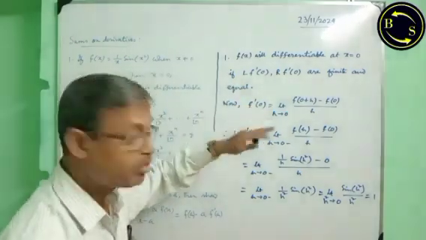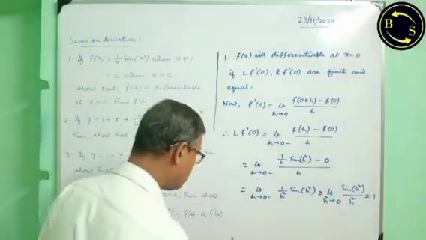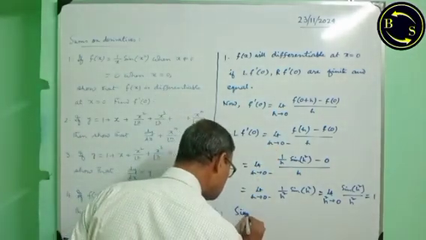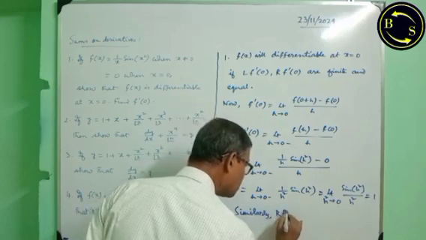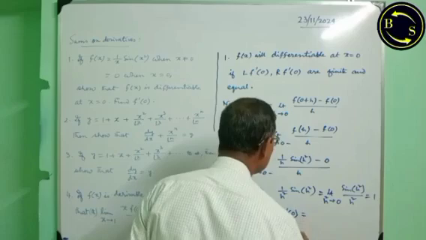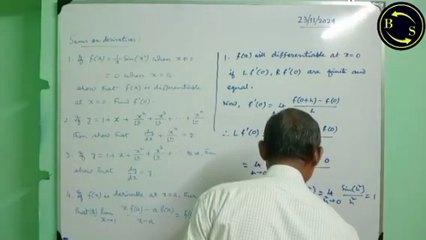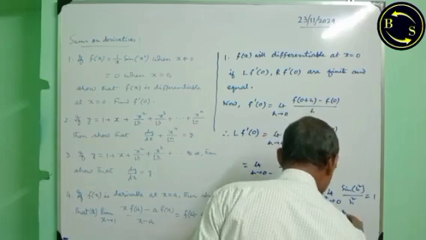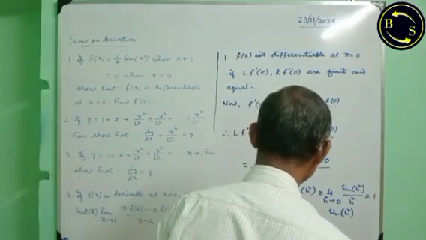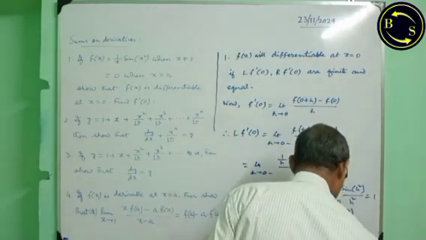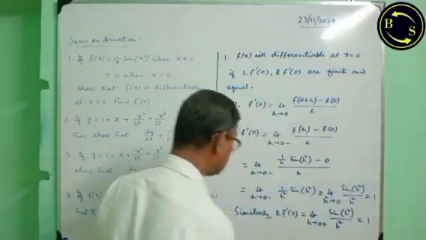Now for Rf'(0) also, here h tends to 0 plus. Similarly, Rf'(0) will be equal to limit h tends to 0 plus of sine of h squared by h squared, that will be equal to 1.